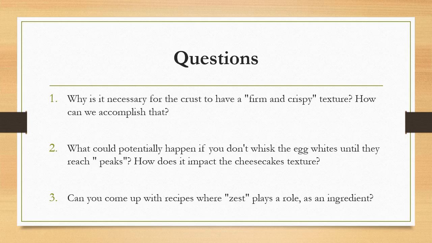Once you have completed that, for the last part of the lesson, you'll work in a group of 4 to make a cheesecake. Learners will work in groups of 4, discuss the recipe together, and assign roles.